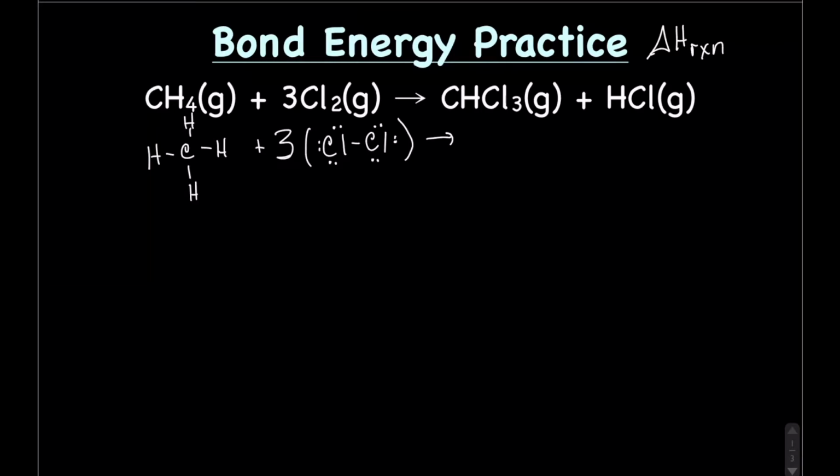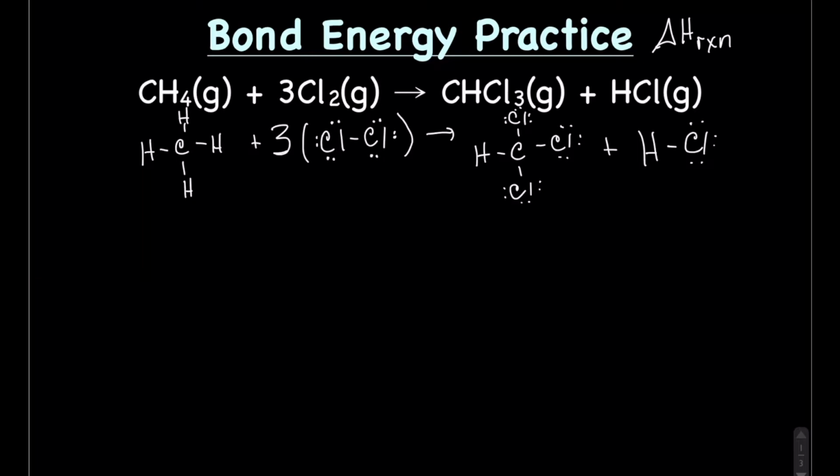And then we have CHCl3, so we'll have something like this. And added to that is HCl. Okay, so now that we have all of our molecules written in Lewis dot, we can actually look at the bonds and go from there.